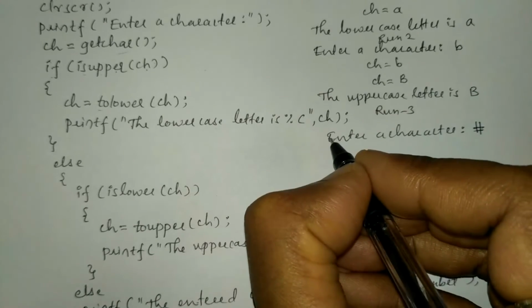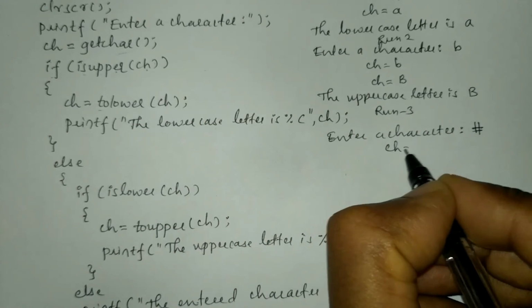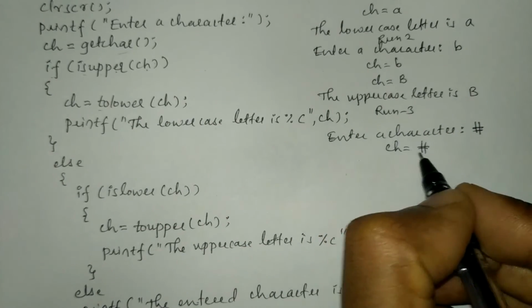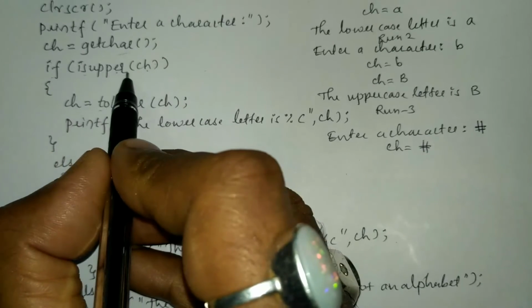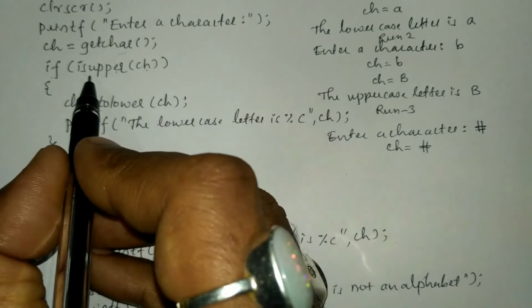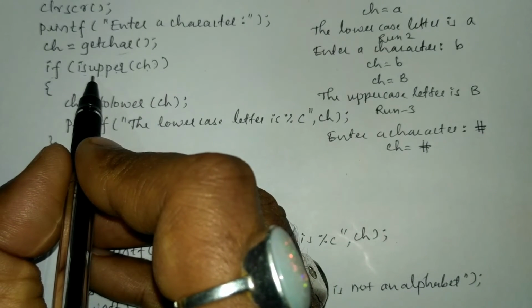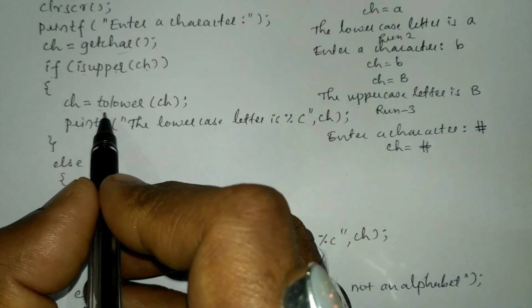Otherwise, you can even use a digit. Ch is holding the hash symbol, correct? Now we check if isupper(ch). No, it is false because it is a special symbol. There is no uppercase or lowercase in a special symbol, hence this condition is false, so both of these two statements will not get executed.